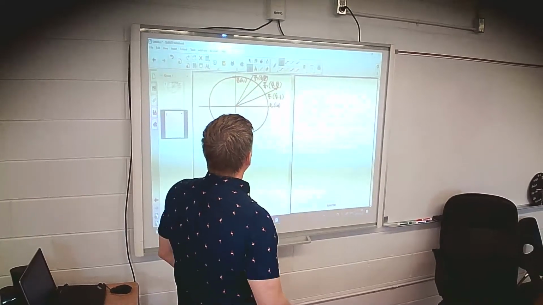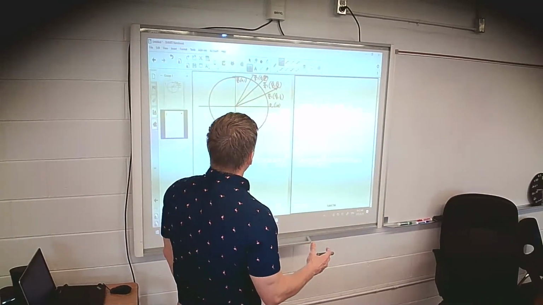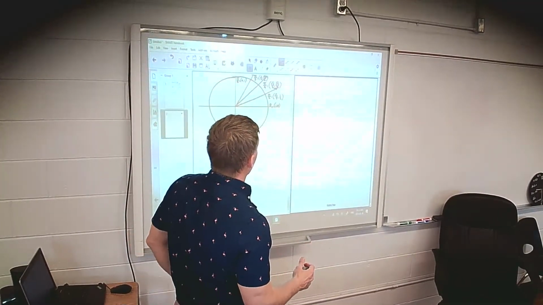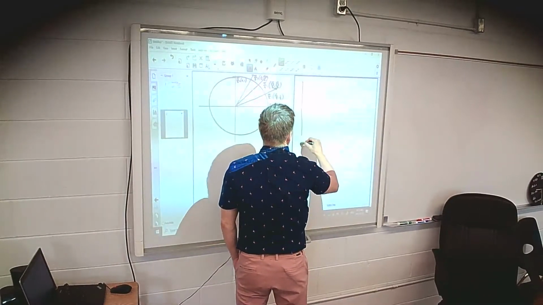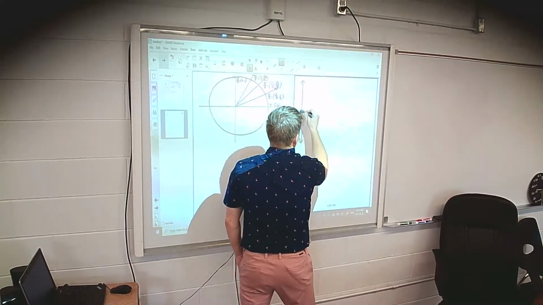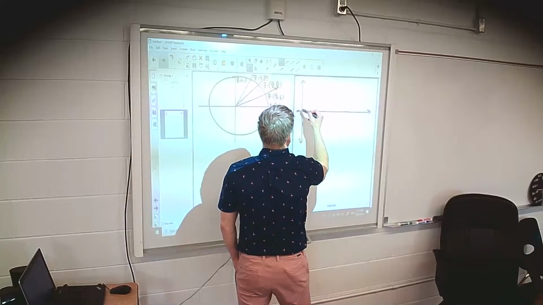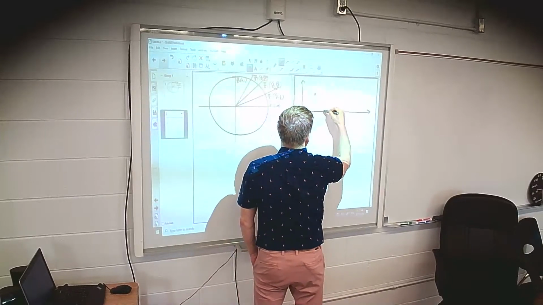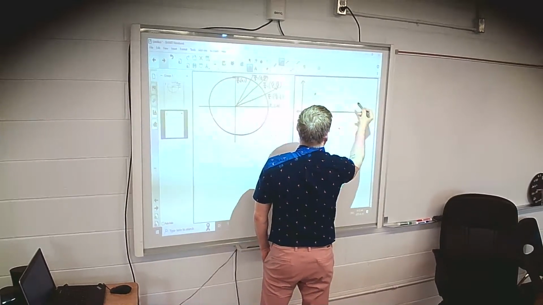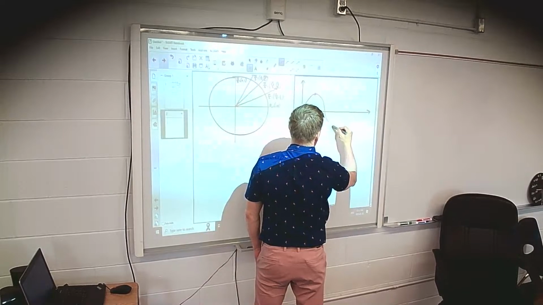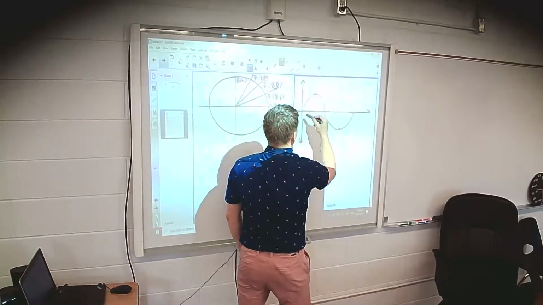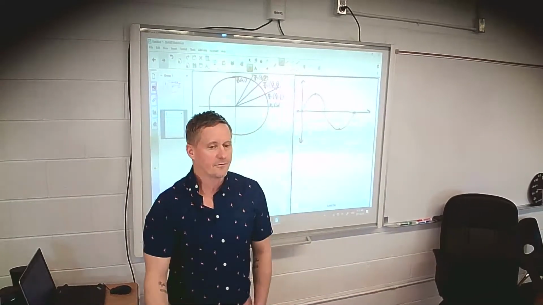All right, so here's how this works. The sine graph, if you recall from applied math, looks like this. Okay, so we drew the sine graph out like that.